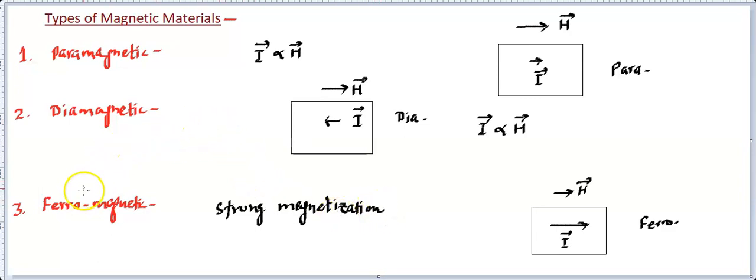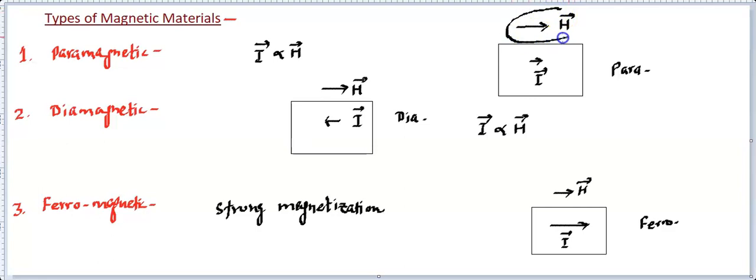You'll say that in both, magnetization is in the direction of the applied field. That's the similarity. The difference is that in paramagnetic material magnetization is small, whereas in ferromagnetic material it is very, very strong. Even if we remove the field, some magnetization remains in a ferromagnetic material, whereas this is not true for a paramagnetic material.